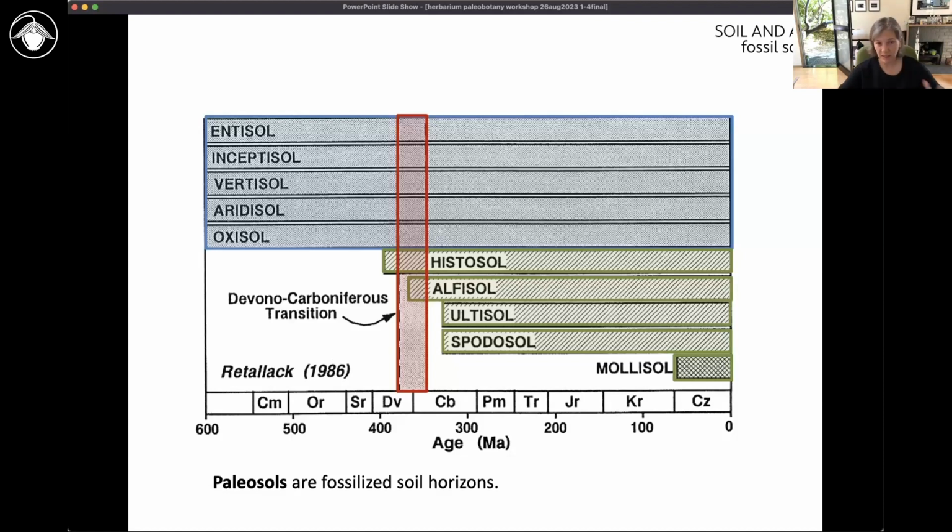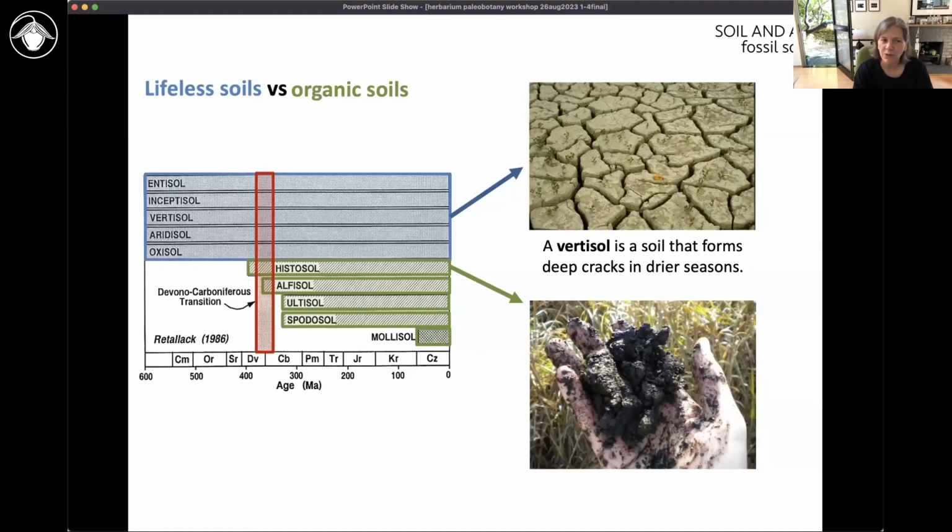So the ones that indicate that life was present on the horizon are in green. Now, just a quick example of what you should think about when you think about a paleosoil. Here, a vertisol, so that's one of those upper ones, is a soil that forms deep cracks in drier seasons. Probably everybody has seen these before. This just happens with clay if it dries out. No plant needed to produce this.